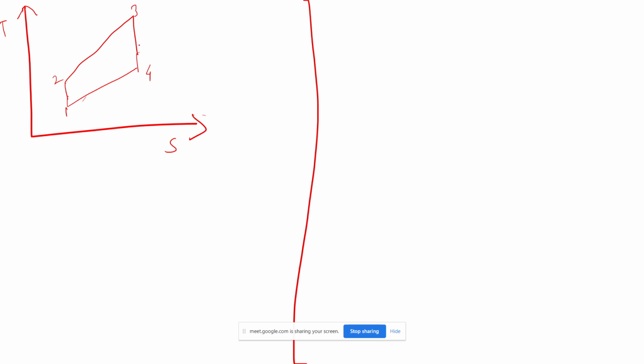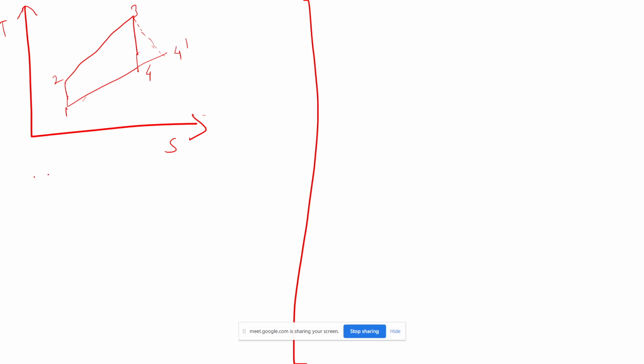So here we have been given the isentropic efficiency for the turbine, so here we can draw it like this, and the process becomes 3 to 4 dash. Previously the actual work output was H3 minus H4, but because isentropic efficiency is given, the actual work output will change from H3 minus H4 to H3 minus H4 dash.